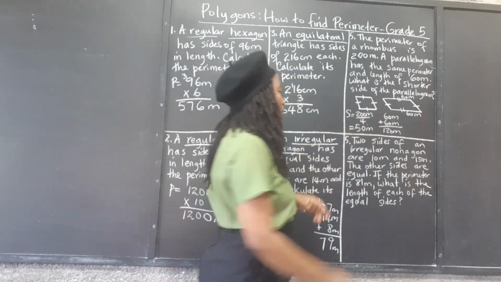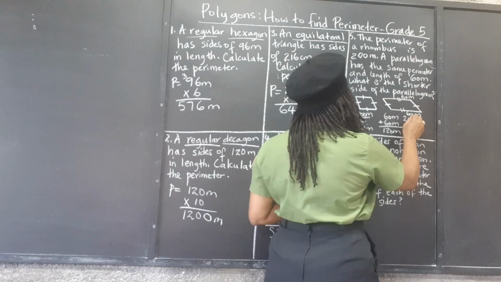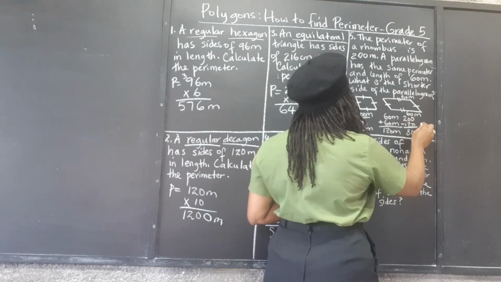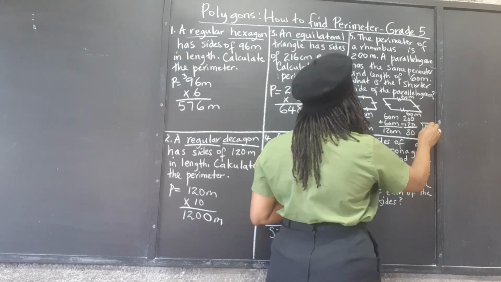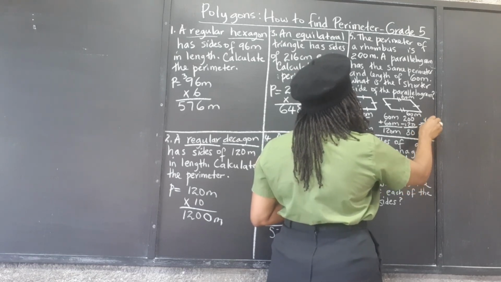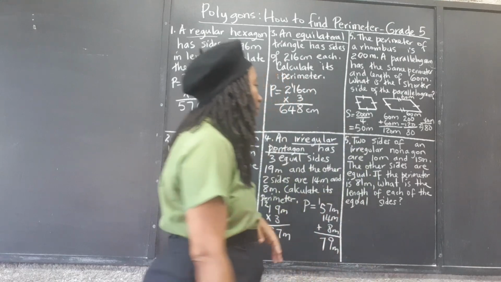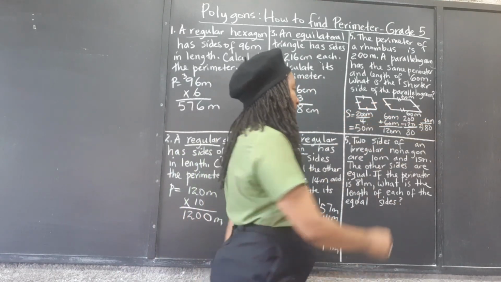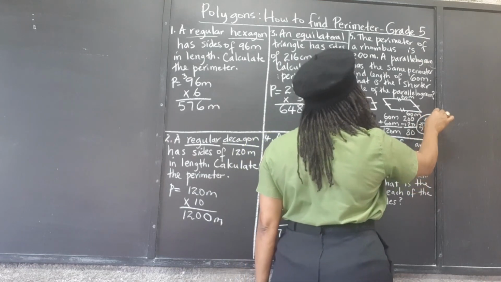So let's take out the 120. That leaves 80. And divide that by 2. The shorter side then will be 40 meters. This is our answer here.